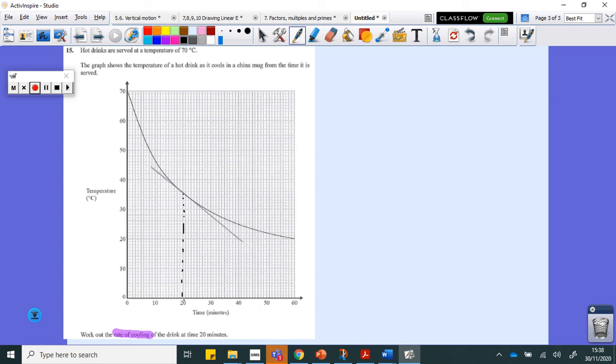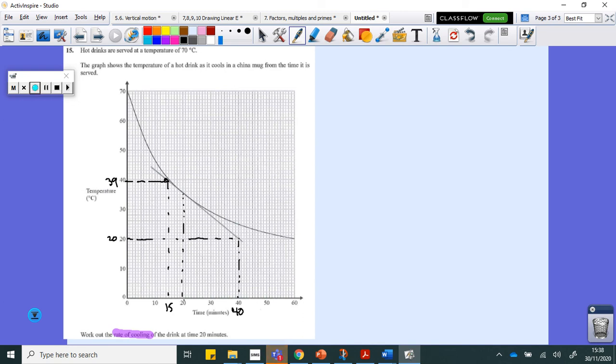Now, with that tangent, I'm looking for a couple of points. There is 39 and 15. That's a nice easy number to be able to read. And if I go up here and along, I've got 20 and I've got 40.